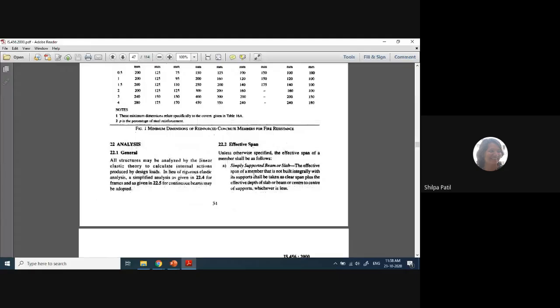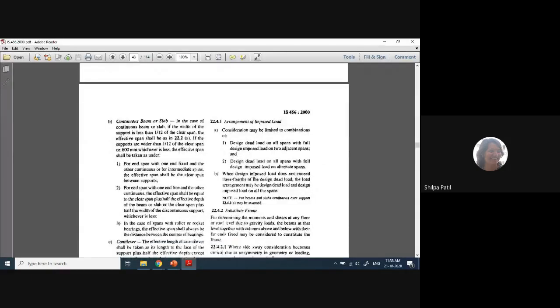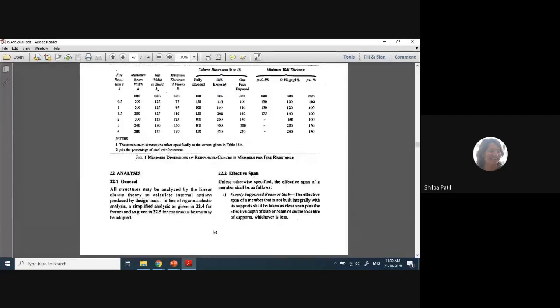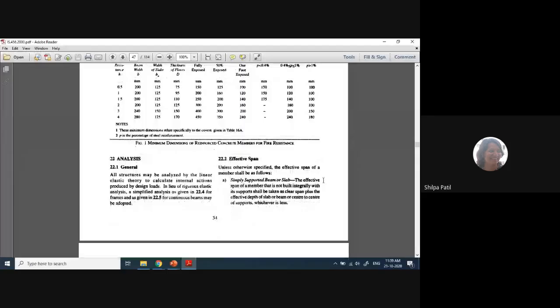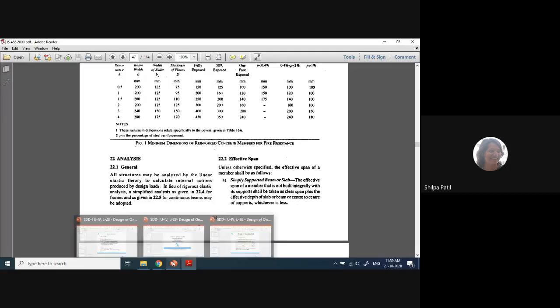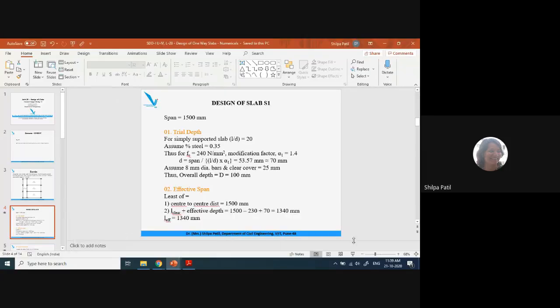Page number 35 rather, for simply supported slab. The effective span of a member that is not built integrally with its support shall be taken as clear span plus the effective depth of the slab or beam, or center to center distance of supports, whichever is less. The same criteria which we have used for design of beam is to be adopted for slab also.